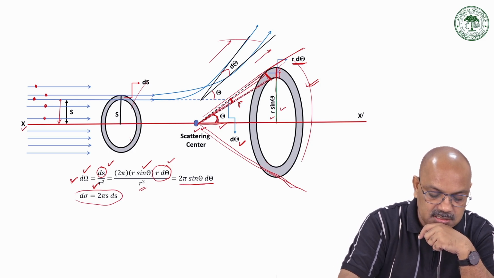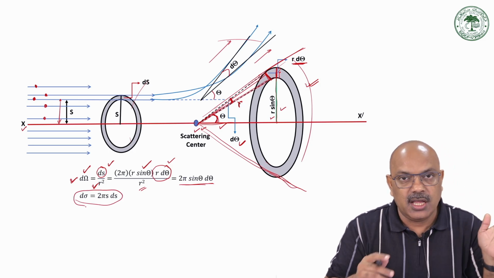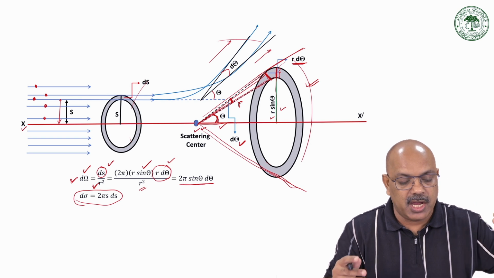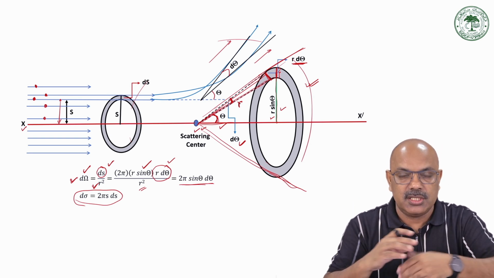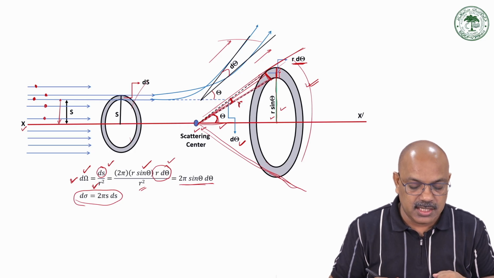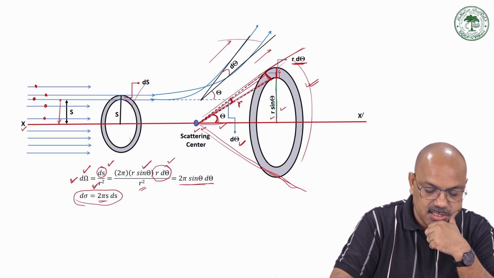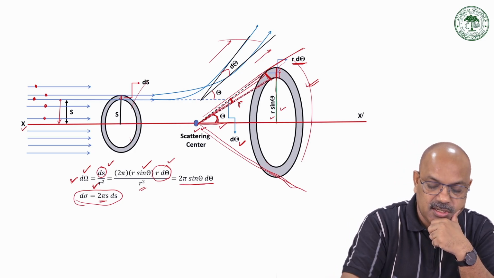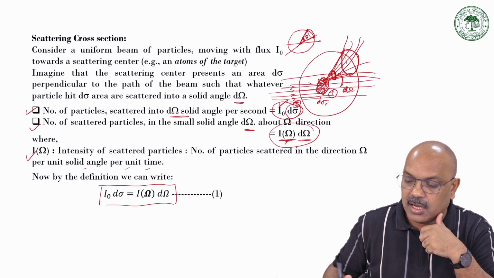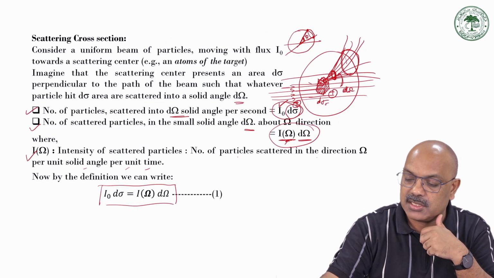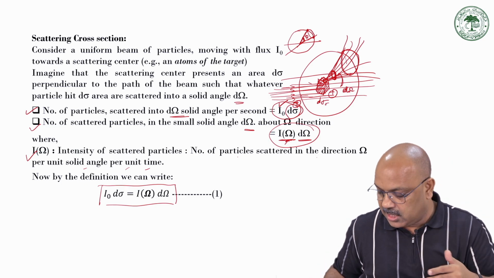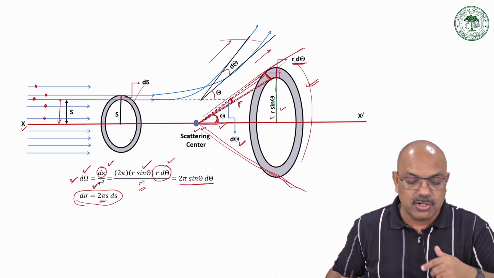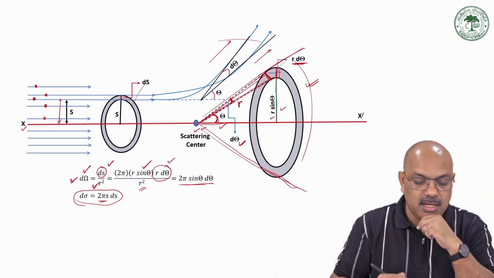And d sigma is the effective target area when the particle strikes at a perpendicular distance. This is the active area d sigma where the particles are coming and hitting the target, and that is also going to be in a circular orbit.